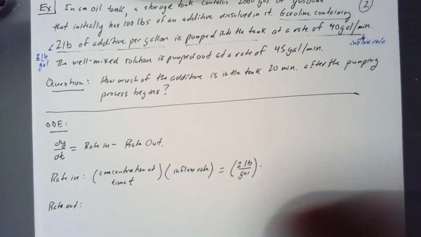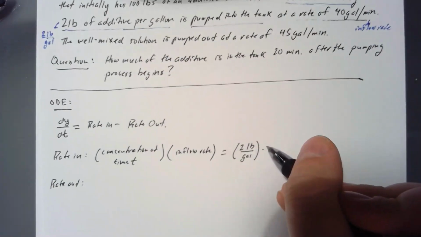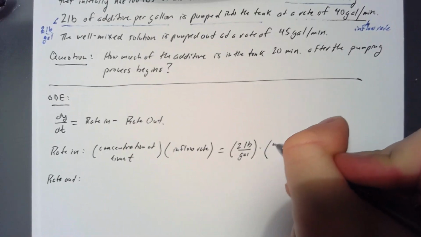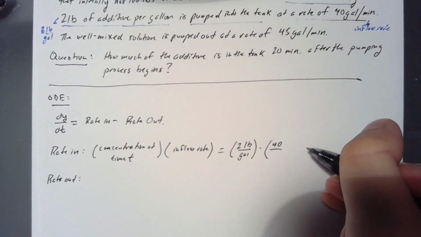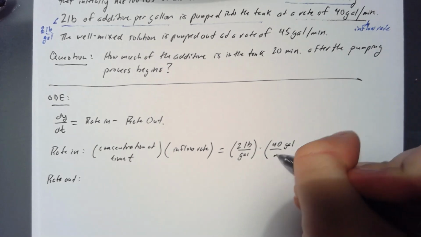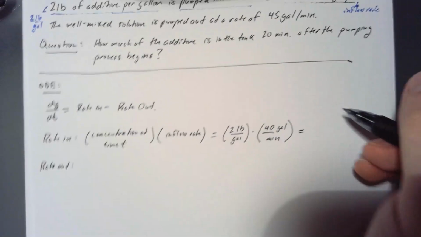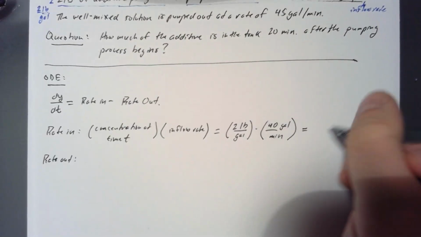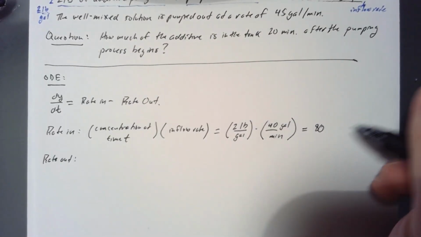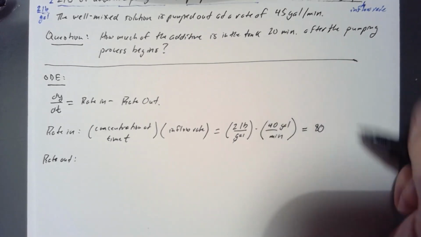Usually rates are measured in time, right? So that's going to be times 40 gallons per minute. If you do the computation, 2 times 40 is obviously 80, but what are the units? The gallons cancel, and you have pounds per minute.